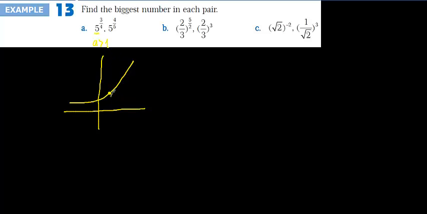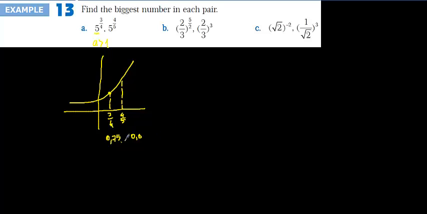3 over 4 is approximately 0.75, and 4 over 5 is equal to 0.8.